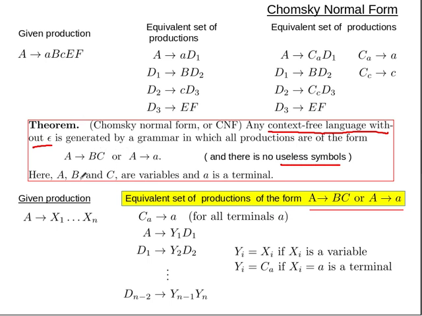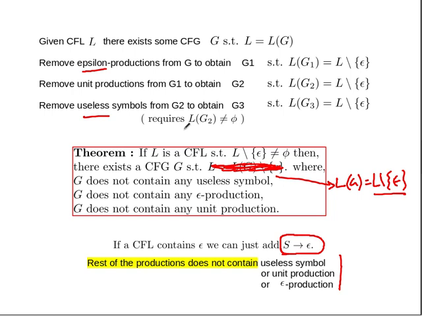And this is again very easy to do, because we can already transform our grammar so that it does not contain useless symbols, epsilon productions, or unit productions. So let's first perform all these steps.